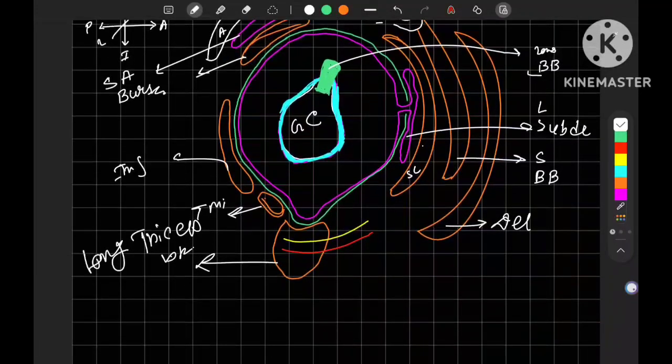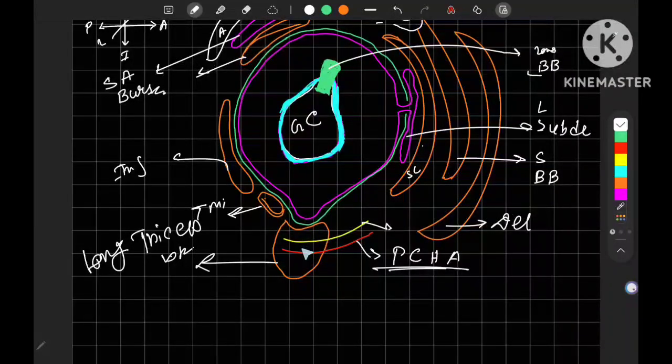Then there are two arteries and a nerve. This artery is called the posterior circumflex. And the nerve is the... which muscle is this? Triceps brachii.